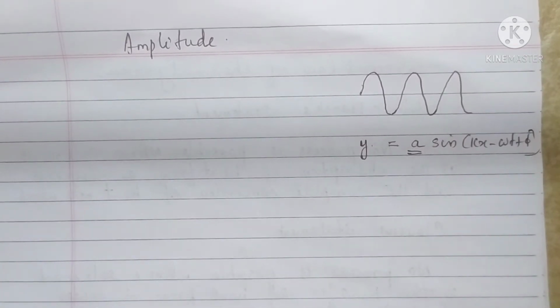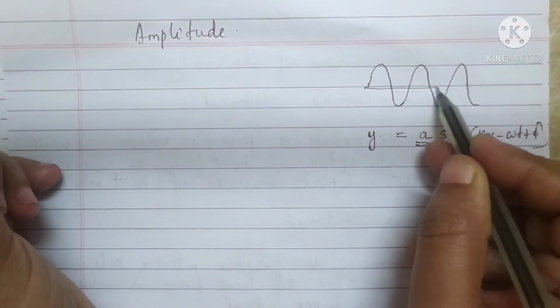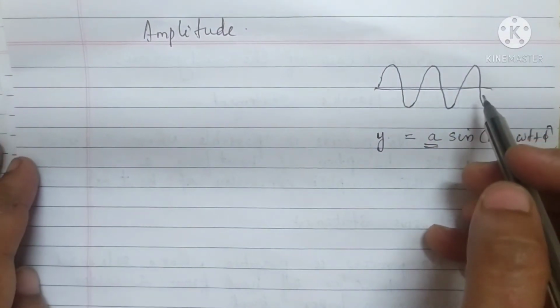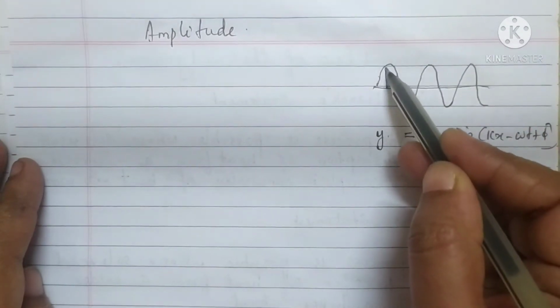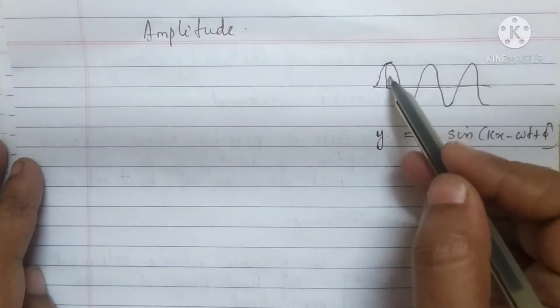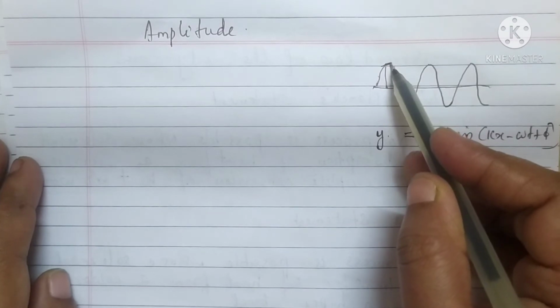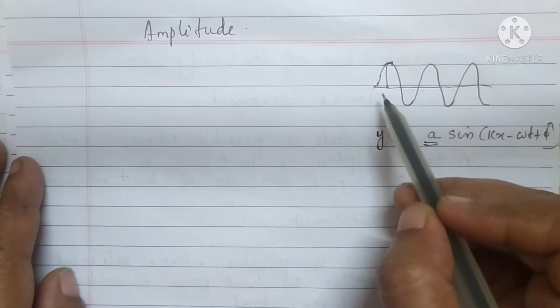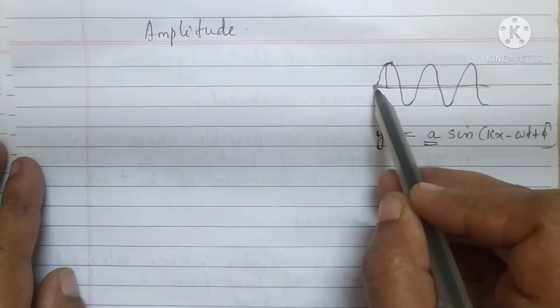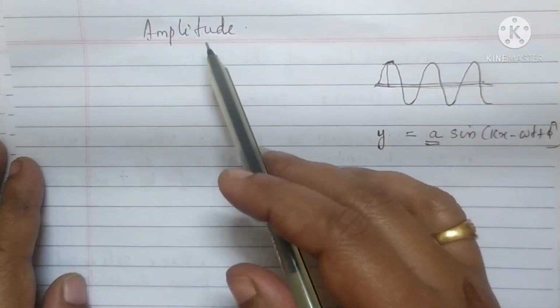It is the magnitude of the maximum displacement of particles from their equilibrium position. Suppose this is the mean position or equilibrium position. The particles are vibrating and will reach this position, which is the maximum displacement from the mean position, and that value is known as amplitude.